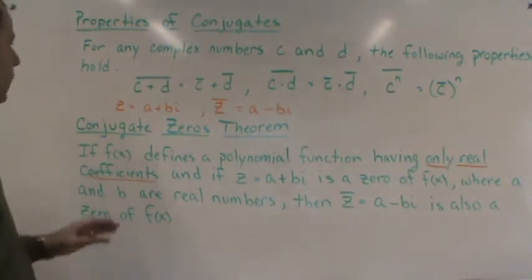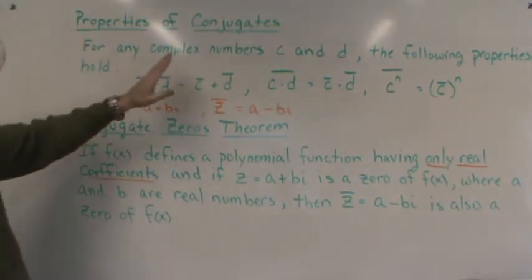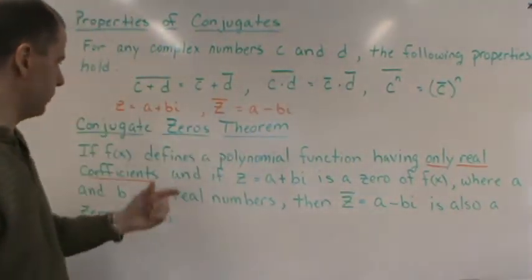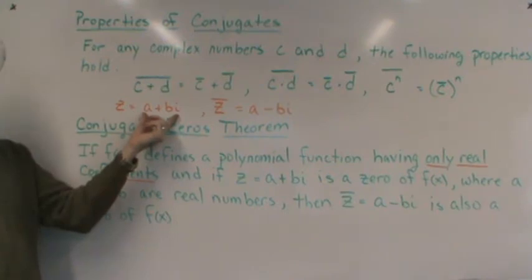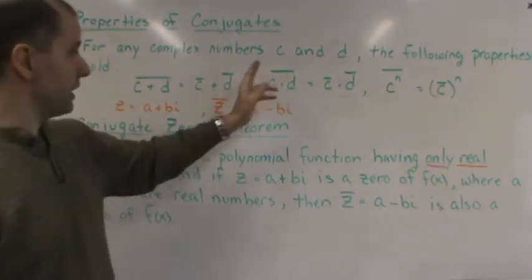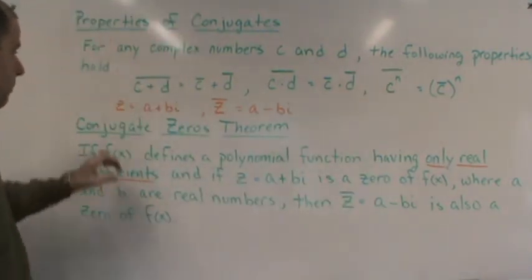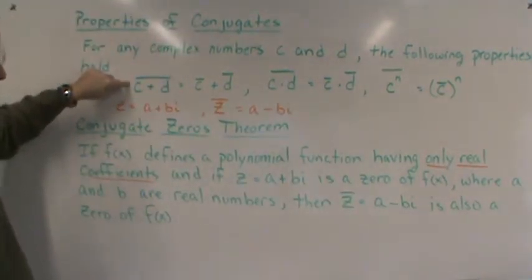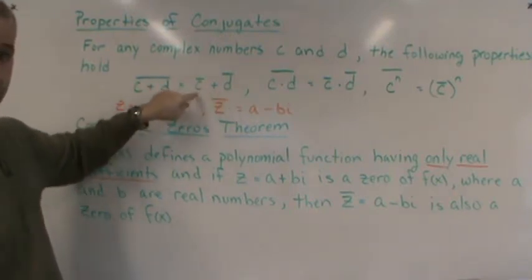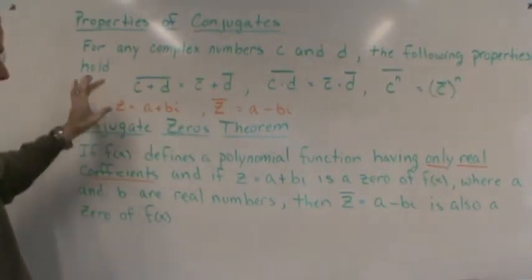Now, in the properties here, it says for any complex numbers c and d, so any complex number would have something of this form, they have the following properties. The conjugate of the sum is equal to the sum of the conjugates. Let me say that again.